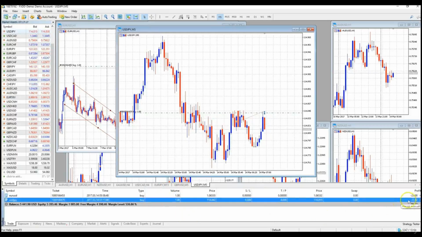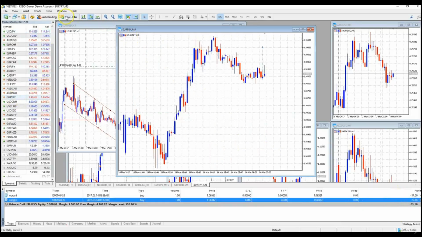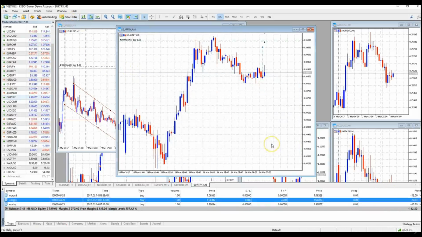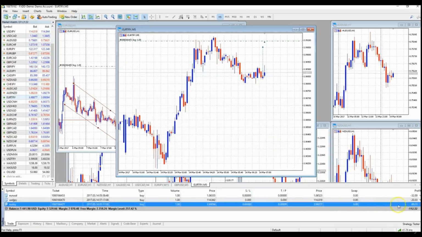So I was negative $20 the moment I entered the trade. Now, if I were to trade the euro lira, just pay attention to my terminal down below, just buy this, you see that costed me about $60. Okay, so it's a lot more expensive to trade an exotic versus a major or a minor.